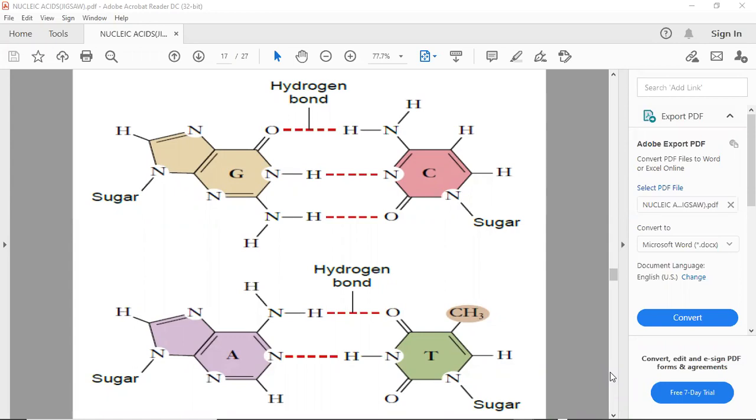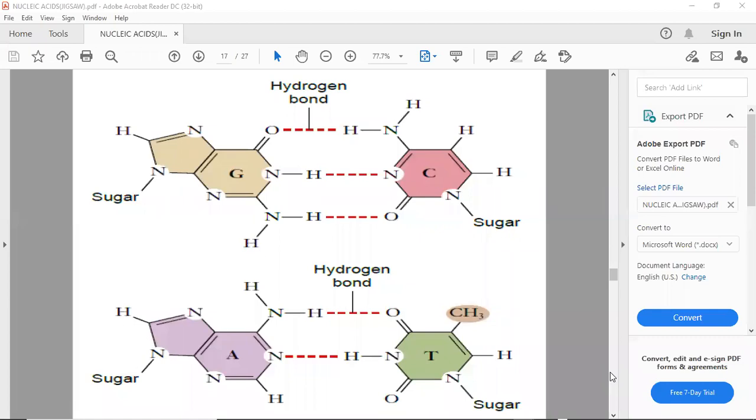So when you look at adenine and thymine, you have a donor and an acceptor. When you look at guanine and cytosine, they're going to make a base pair because you're looking at the available hydrogen bond donors and the available hydrogen bond acceptors, which are going to pair together.